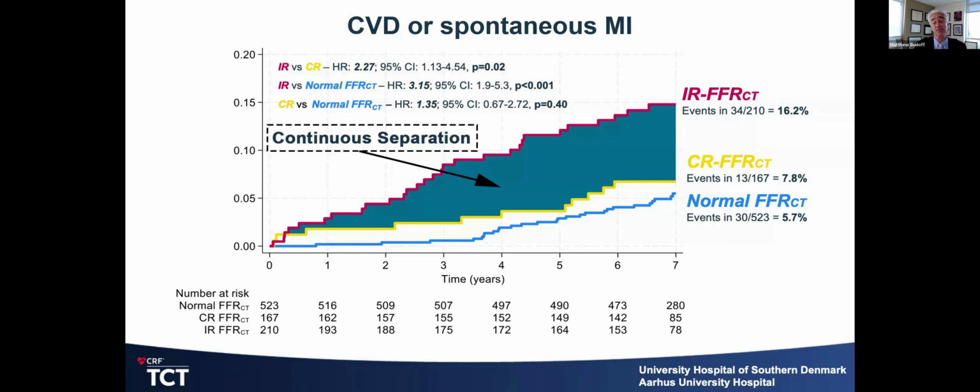And then you can see the relatively low event rates overall from a normal FFR-CT, but similar to what I just showed you, the events start to accrue after a few years because they're FFR-CT negative, but they might have atherosclerosis underlying that would lead to later events as that blue line starts to creep up.